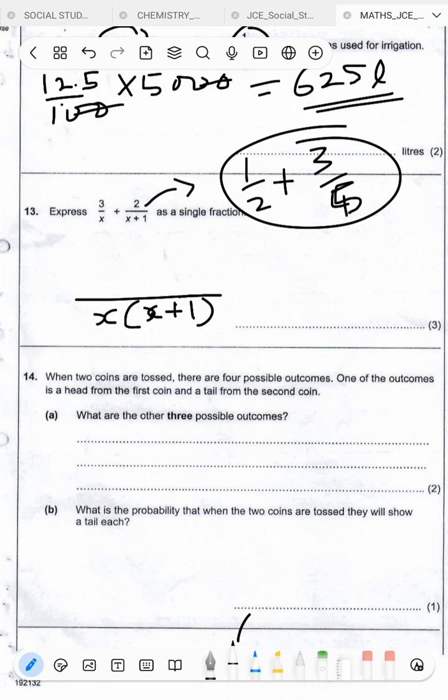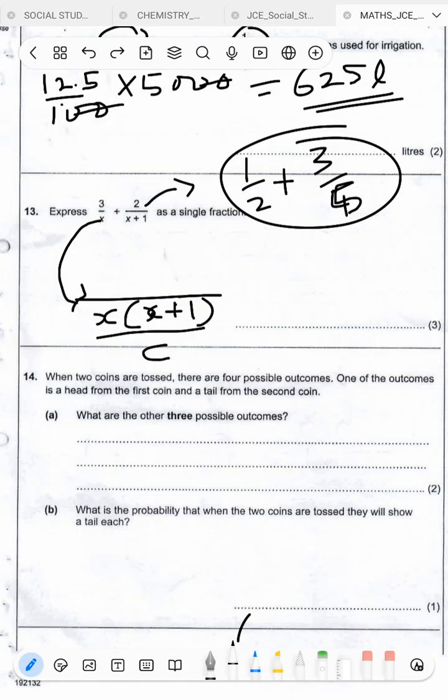So we're just going to say x into x bracket x plus 1. What is x bracket x plus 1 divided by x? Remember, this cancels that, and then whatever answer you get, you multiply it with that numerator there.